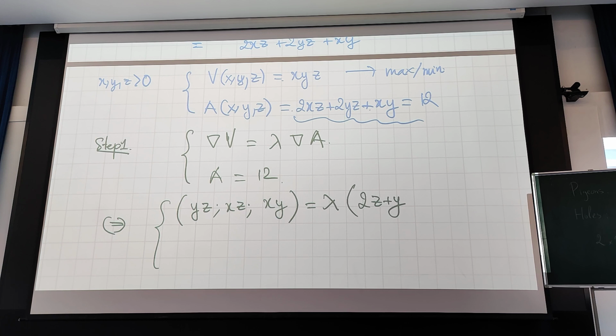Partial derivative with respect to x. And now we see the second one, 2z plus x, and the last one is 2x plus 2y, right? Is correct.